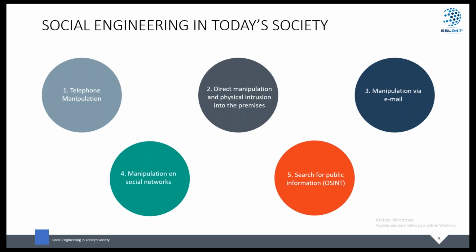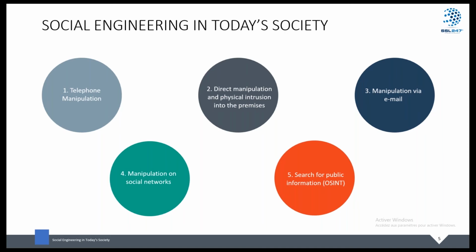And finally, one important scenario which is often not so widely known is OSINT. OSINT is open source intelligence. It's a search for public information on the internet, and it's always the first step an attacker or social engineer would start with.